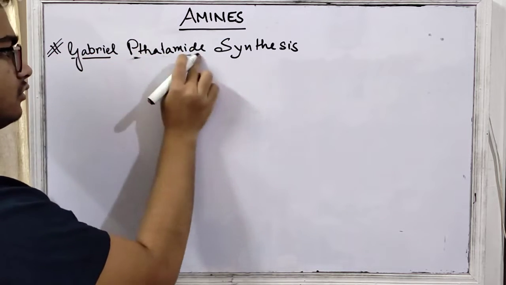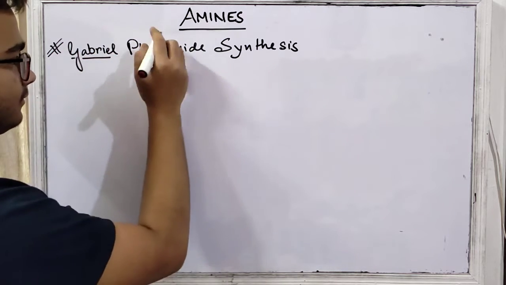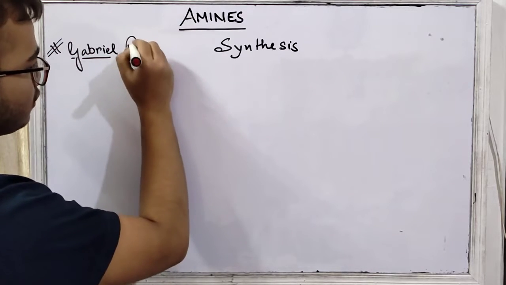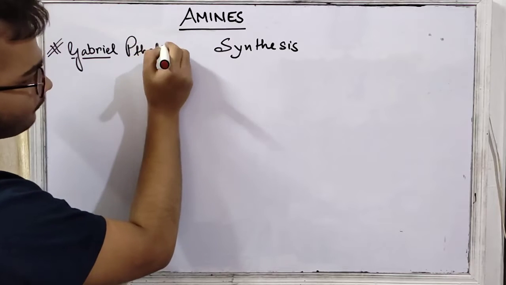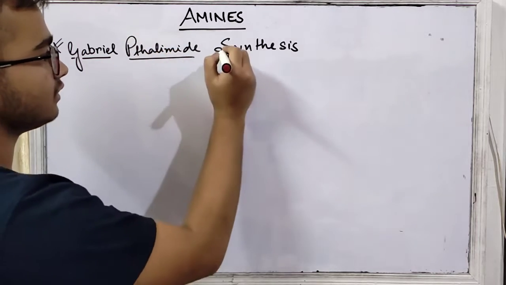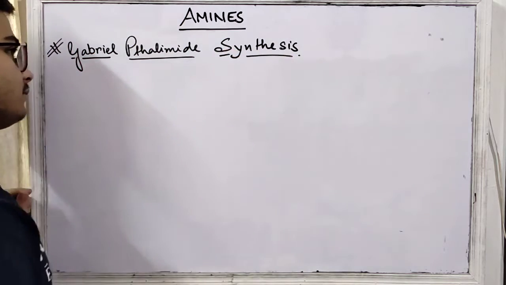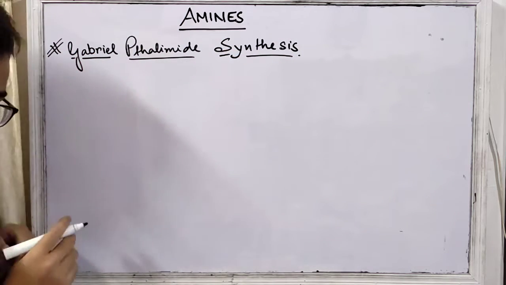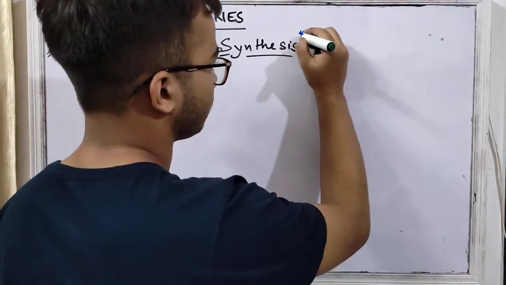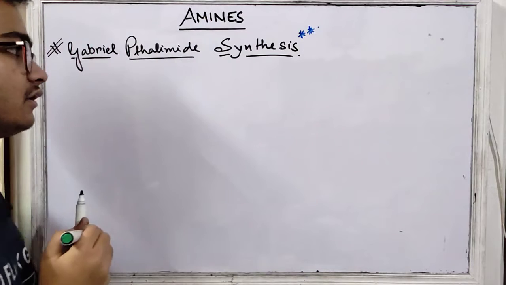This is the Gabriel phthalimide synthesis of amine. So this is very important, so let's make a star. Okay, this is an organic star.